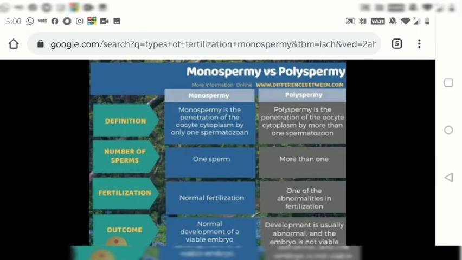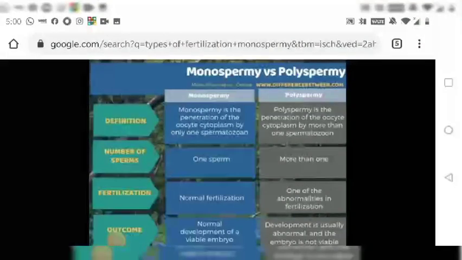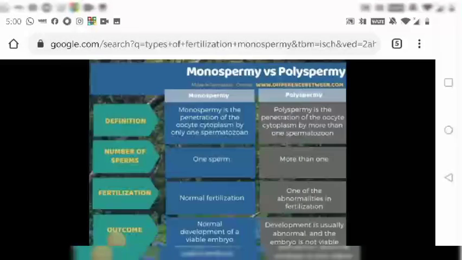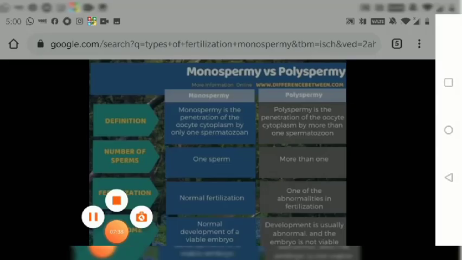So when two female pronuclei unite with the male pronucleus, that is polygamy. So these are the types of fertilization depending on the sperm involved. The first is monospermic, the second is polyspermic. Under polyspermic there are two types, pathological and physiological, and then you have polyandry and polygamy.